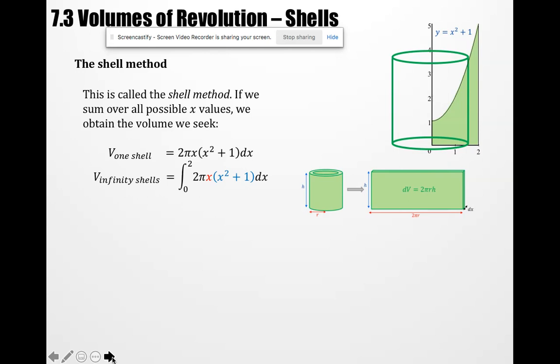There's the volume of the infinite amount of shells, going from x equals 0 to x equals 2. My radius is in terms of x. My height is in terms of x. And I integrate with respect to x. Pretty cool, right?